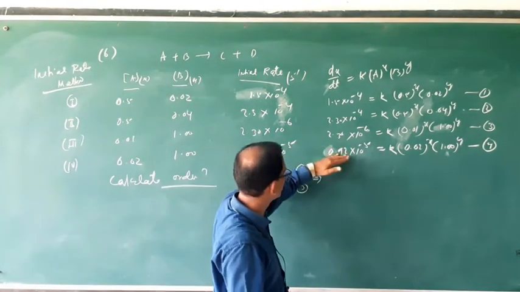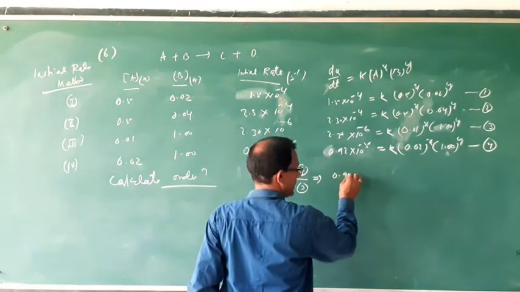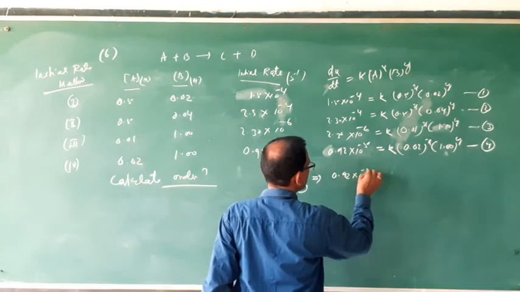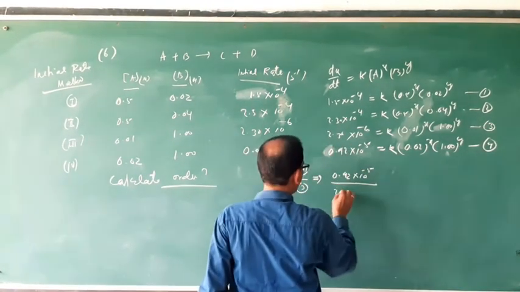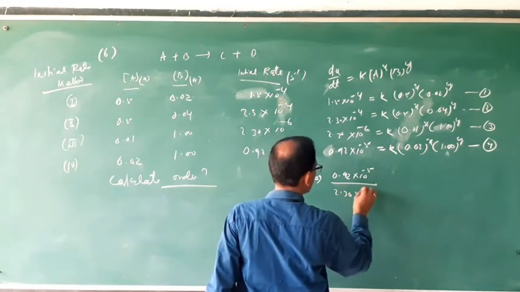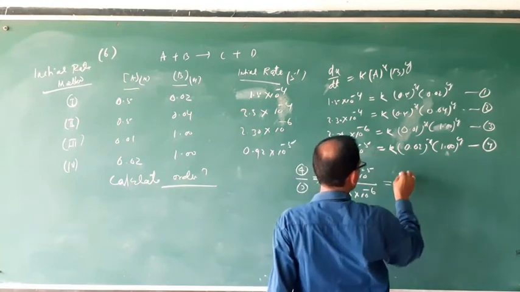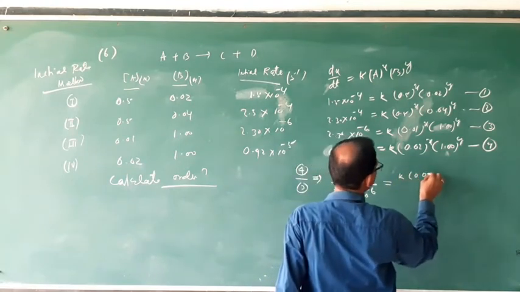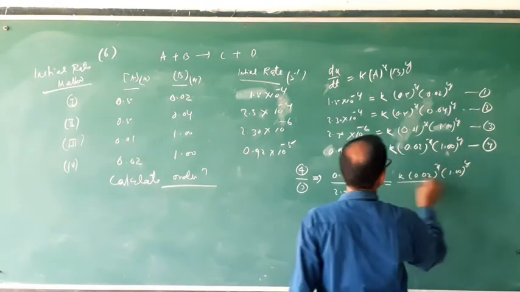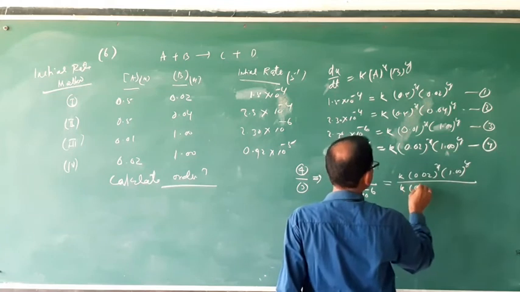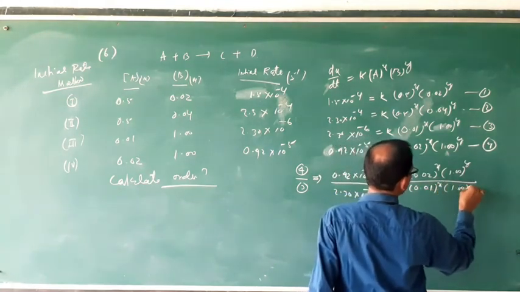What is the equation 4 data? 0.92 into 10 to the power minus 5 upon 2.30 into 10 to the power minus 6 is equal to k times 0.02 to the power x times 1.00 to the power y upon k times 0.01 to the power x times 1.0 to the power y.